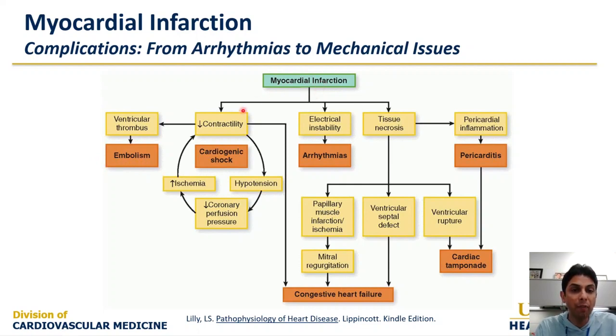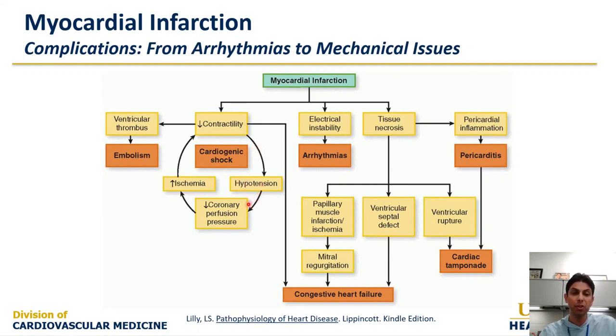Now, when we have a myocardial infarction, we also have a decrease in contractility by definition, and that's going to decrease stroke volume. So a decrease in contractility and a decrease in stroke volume, ultimately there's going to be a decrease in cardiac output. And with a decrease in cardiac output, there is going to be hypotension.